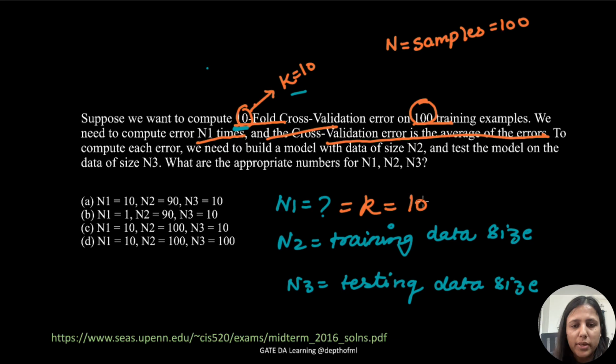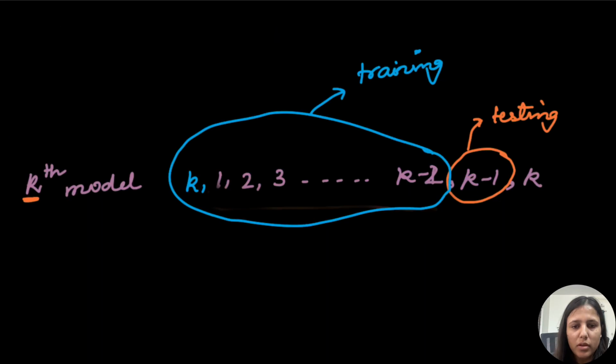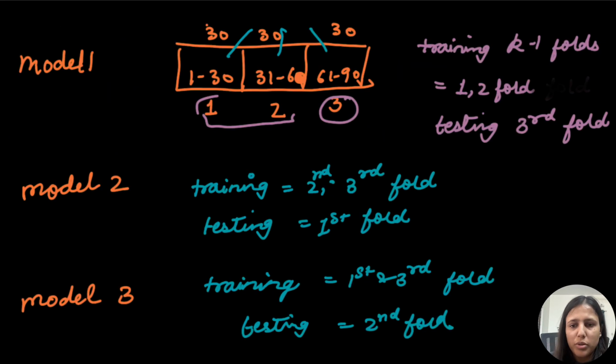Now let's go to n2. It's saying it's the training data size. We discussed that in training we use k minus 1 folds, right?